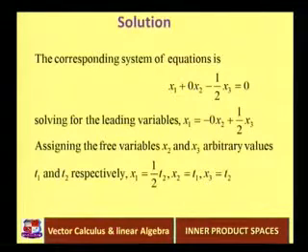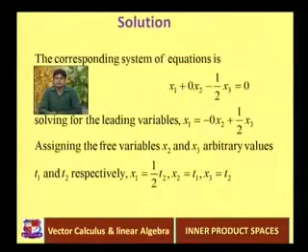But here the number of equations is 1 and the number of unknowns is 3, so this is the case of infinitely many solutions, and in this case we have to assign the variables x2 and x3 as the parameters t1 and t2 respectively.